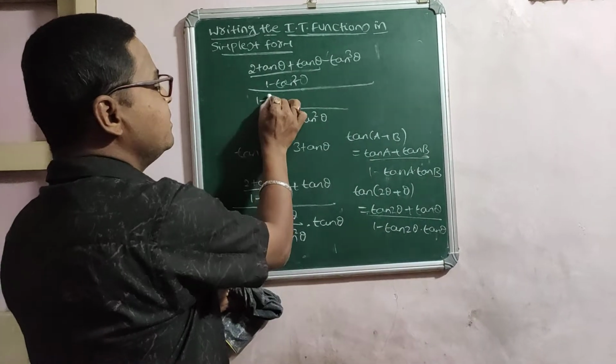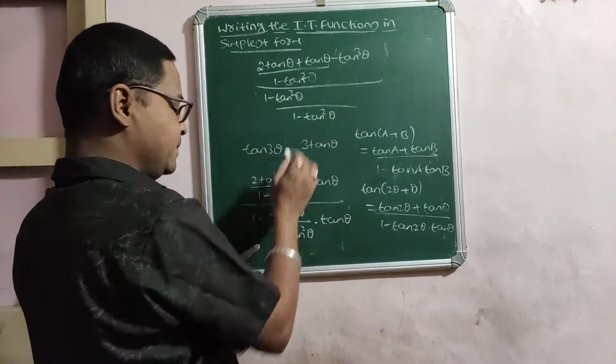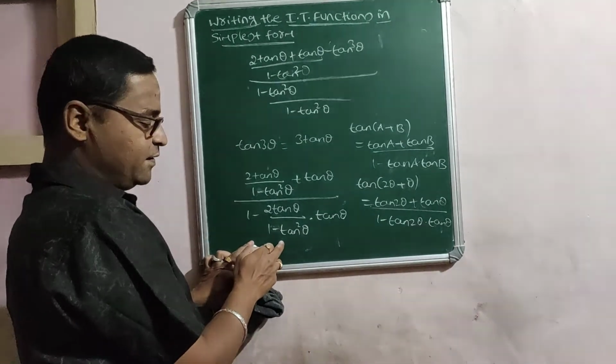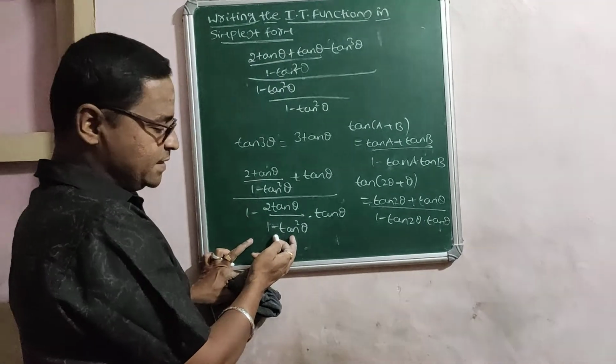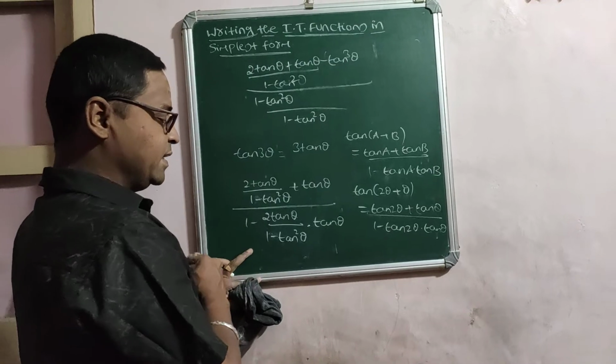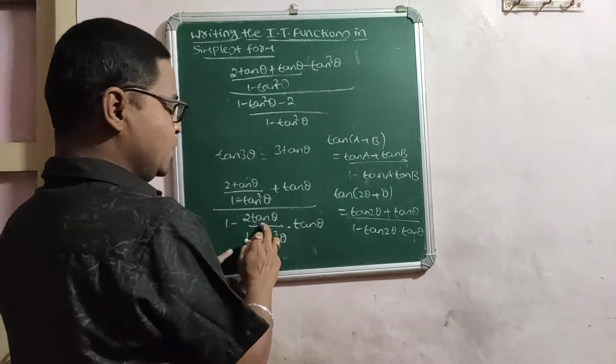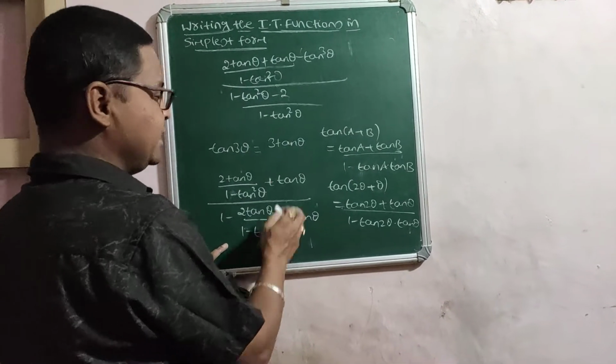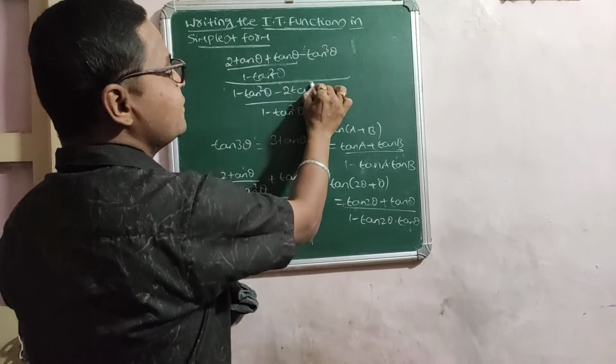Therefore in the denominator, 1 minus tan square theta minus 2 tan theta into tan theta will be 1 minus 3 tan square of theta.